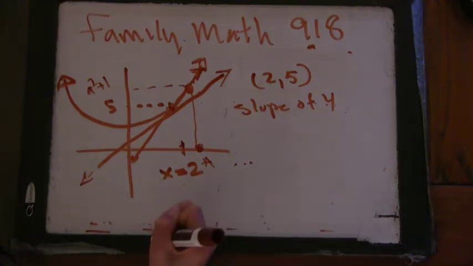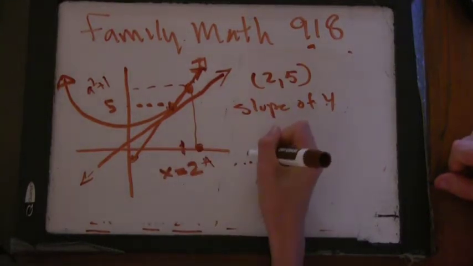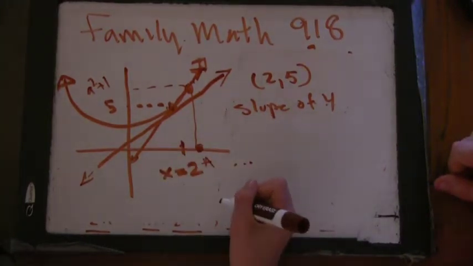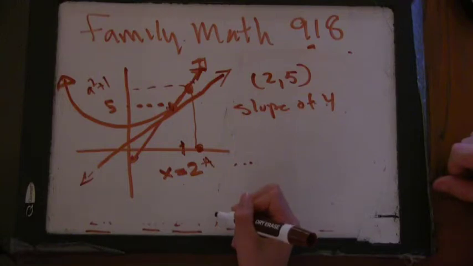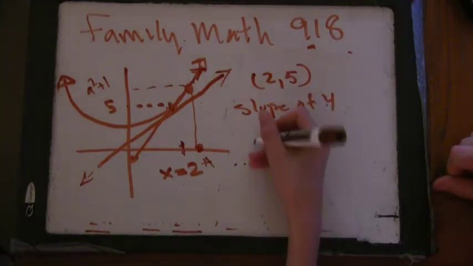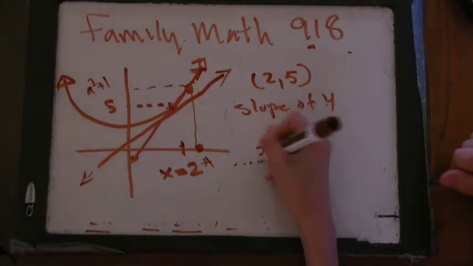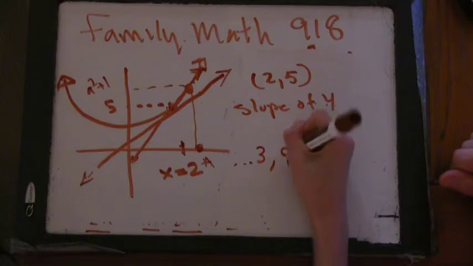Well, tell me another point that'll be on this line. Every 1 you go over in the x direction, you go 4 in the y direction. Okay, so what's another point that would be on that line? 3, 9.